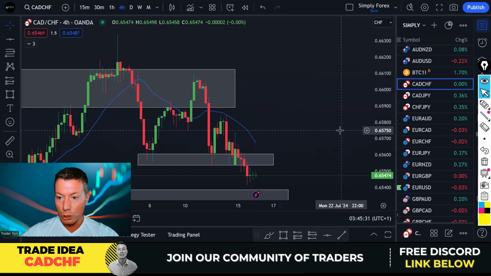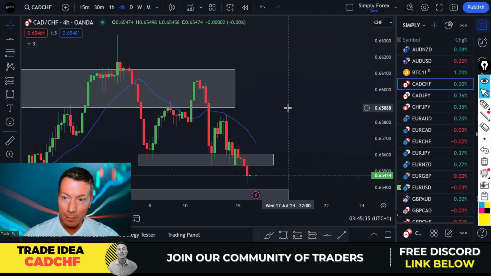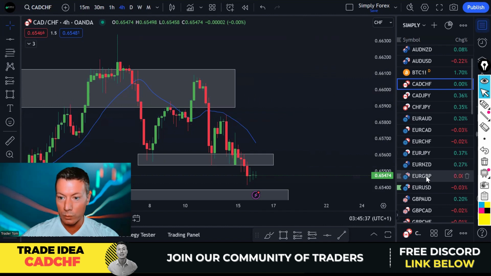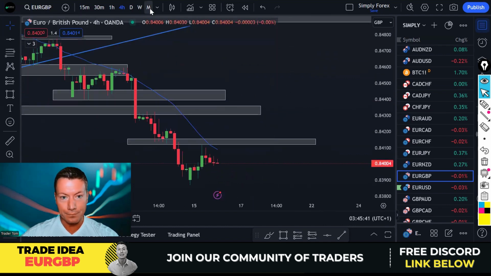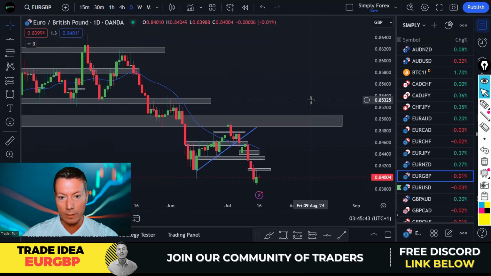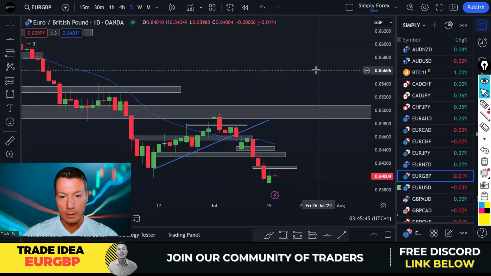Right, the last trade idea for today is euro pound. I'm also looking at a couple of other things, so I'll share those with you as well. But euro pound is the third trade idea. If we look at the day chart, this was also a trade idea from yesterday, and I am in this trade.